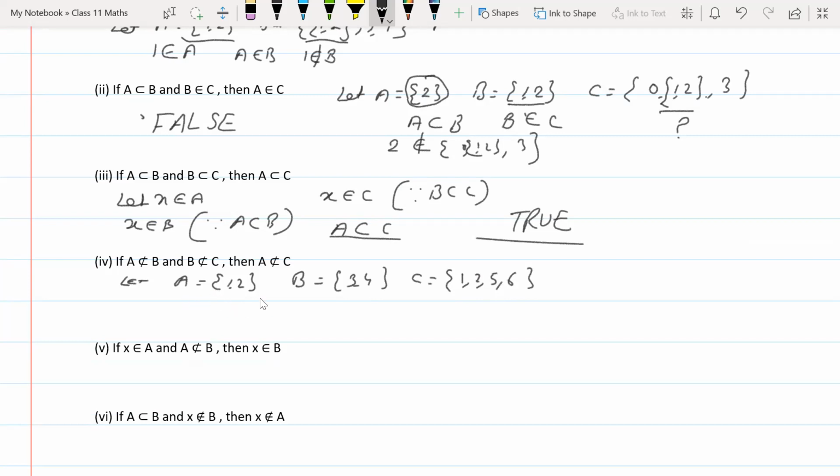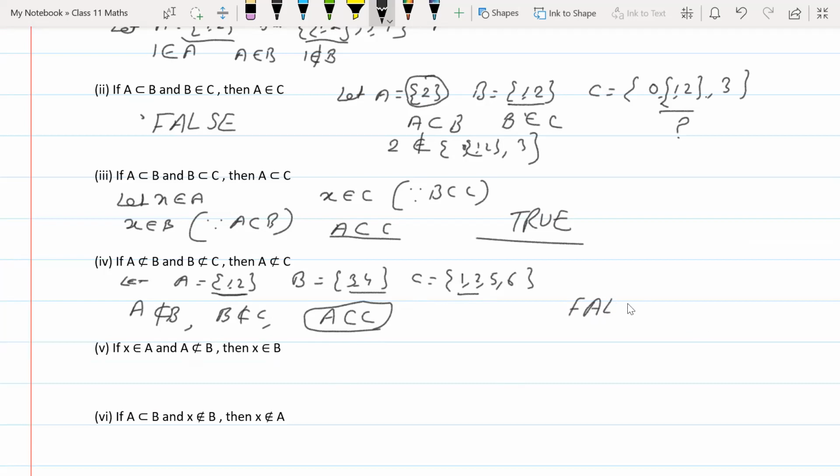So A has elements 1, 2, and B has elements 3, 4. It means A is not a subset of B. B has 3, 4, and B is also not a subset of C. But A has elements 1, 2, and C has elements 1, 2. So A is a subset of C. We can say that this statement is also false.